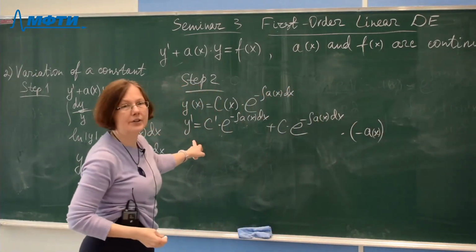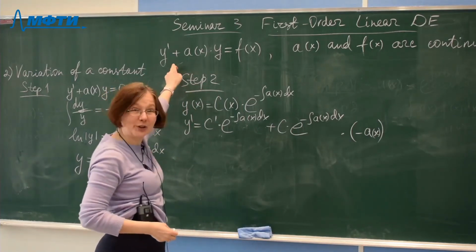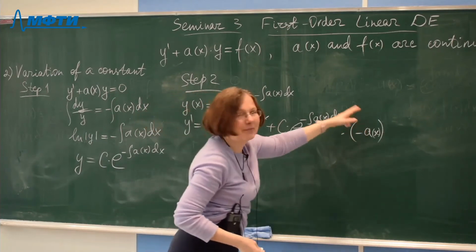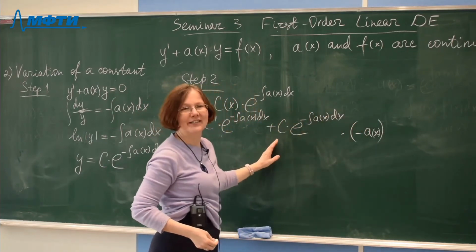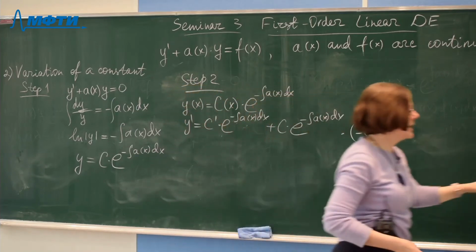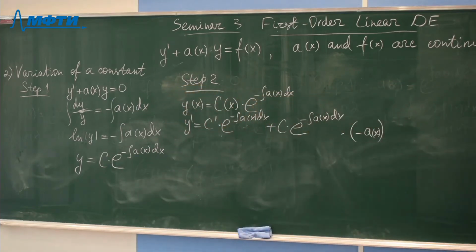So this is the derivative of y, and if we substitute it now, then this term will be eliminated. This term is always eliminated, and it can be proved in general, for a general equation, not only in this particular case.